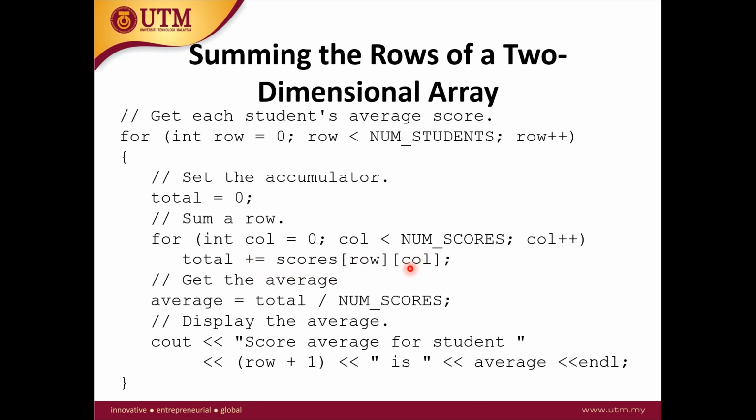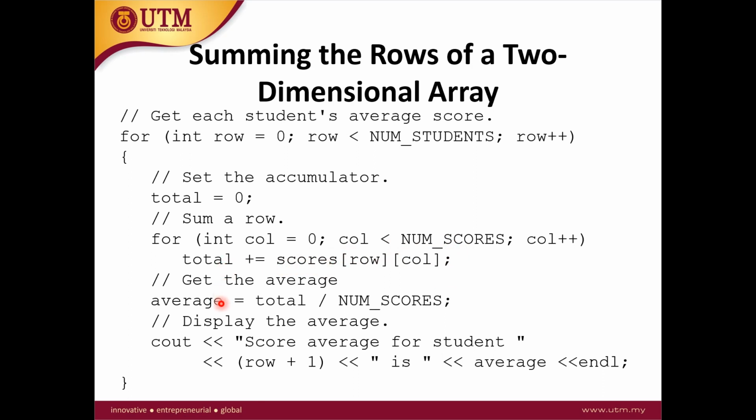Col is becoming 4, 4 is less than 5, yes, it adds scores of 0 and 4, that means row 0 col 4 to the total. Then col becoming 5, 5 is less than 5, no, so the loop stops. That means we've added all the values in the first row to the total.